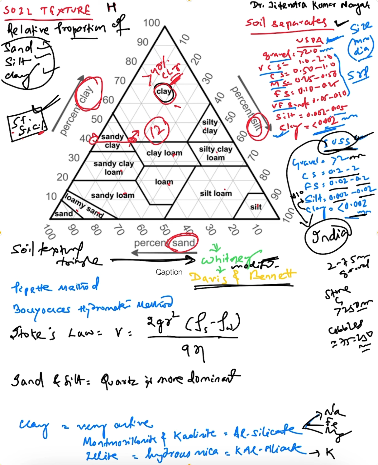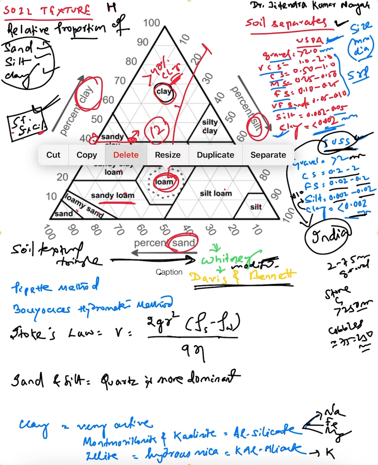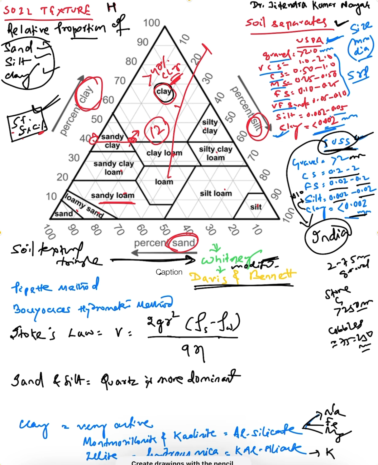Again, here you can see in case of sandy loam, and another is loam, as you know the loamy texture soil. Here the loamy texture soil means you can see around 40% sand particles, and 40% silt.